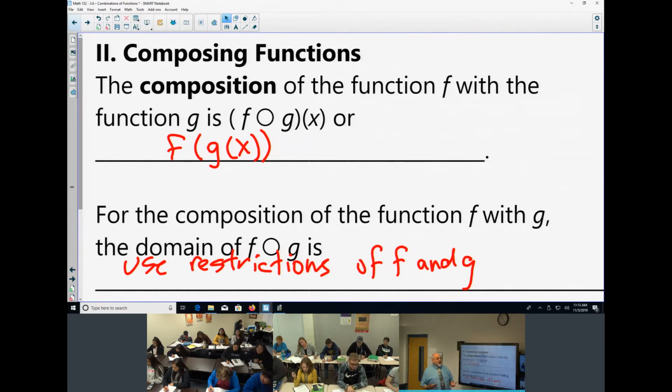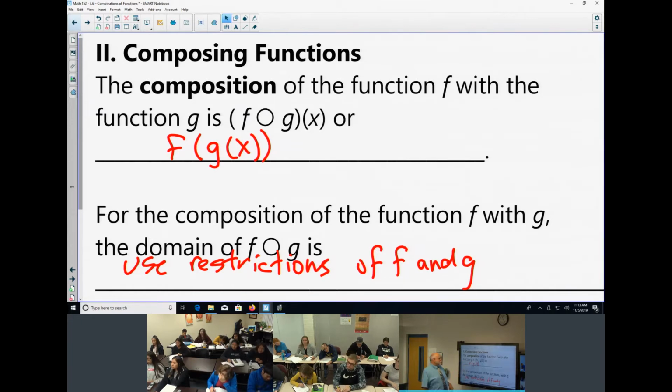So in problems that I write, you'll usually see it like this. Okay? So the idea for a function composition is that you plug the number into whatever function is closest to it first. You work that out, and then whatever you get from that, you plug into the next one.